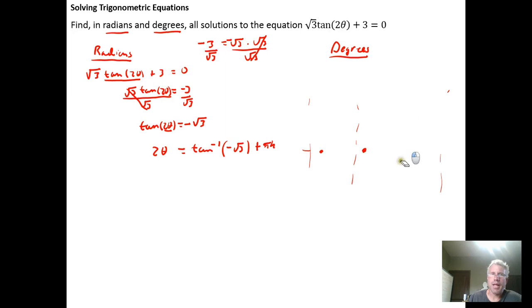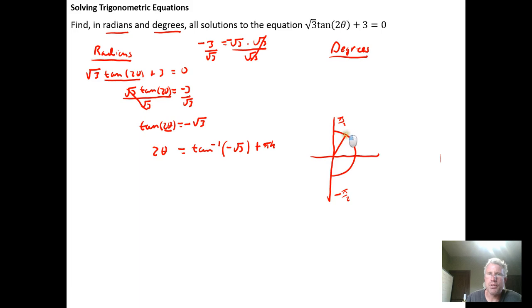And then we want to look at the tangent inverse of negative root 3, and ask the question, does that correspond to a special angle? We want to recognize that the tangent inverse only gives us angles between negative pi over 2 and pi over 2. So we need an angle in that range that's going to generate this side ratio.